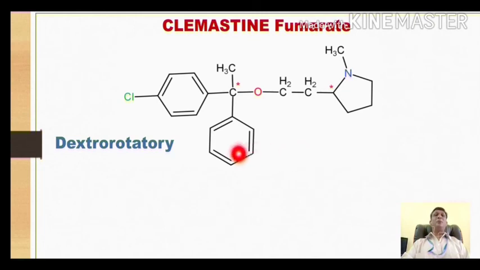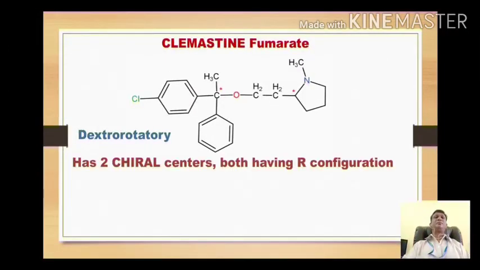Now it is observed that out of the levorotatory and the dextrorotatory, it is the dextrorotatory clemastine which is therapeutically effective. Now here both these chiral carbons have the R configuration. Dear student, this is also a question of the GPAT examination.